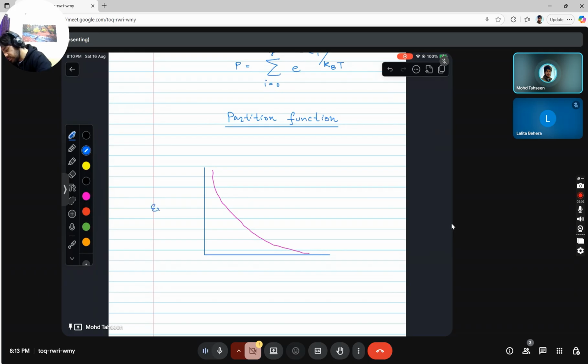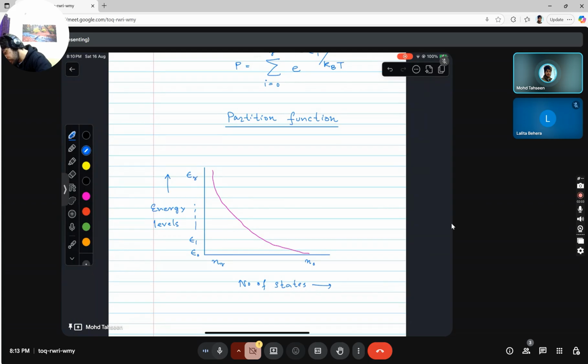These are the energy levels, and this is the number of states, right? So this starts from epsilon 0 up to epsilon r, and the particles go from n0, n1 to, let's say, nr.